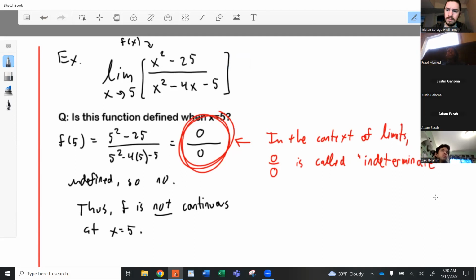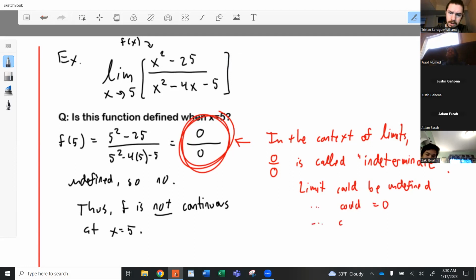What that means is anything could happen. The limit could be undefined, could equal 0, could equal 3. It could equal anything.